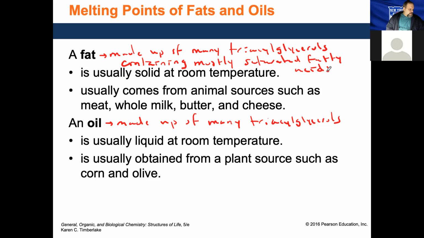And that sort of leads to the property that they are solids at room temperature, right?